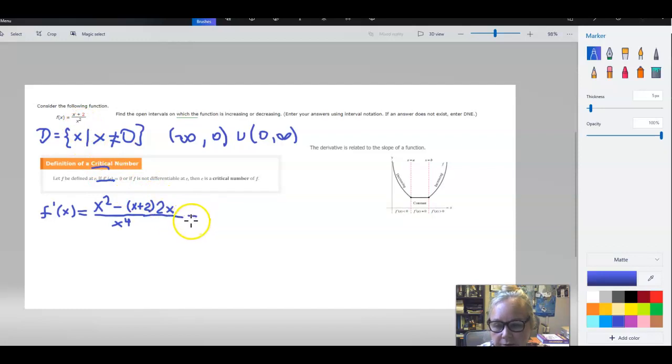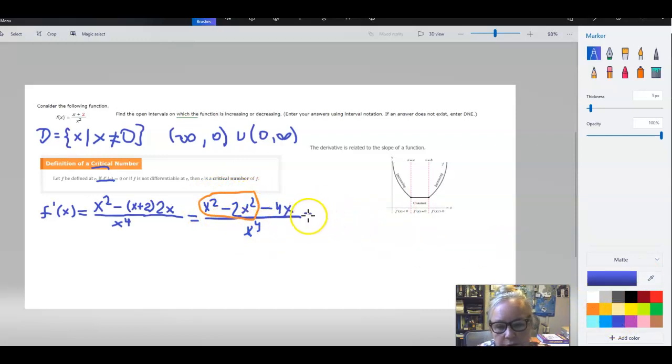Open parentheses, combine like terms, you get x squared, subtract 2x squared, subtract 4x over x to the fourth degree, and combine like terms. As you can see here, we have a situation with like terms.